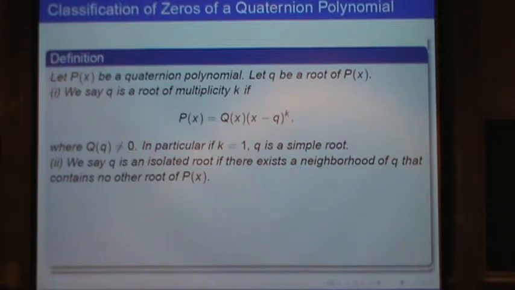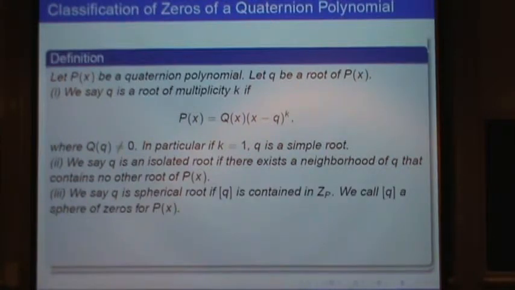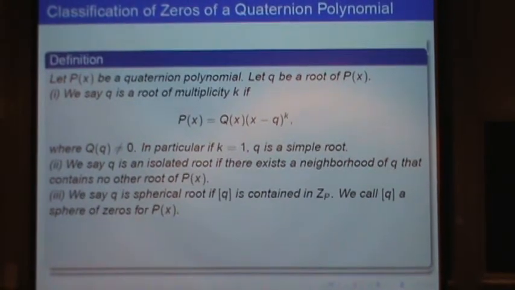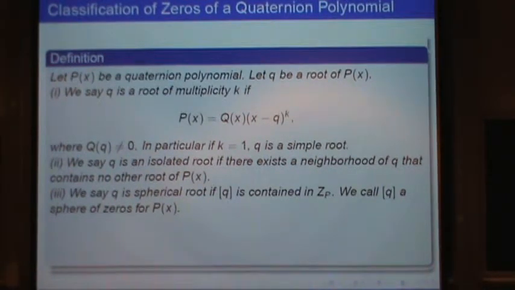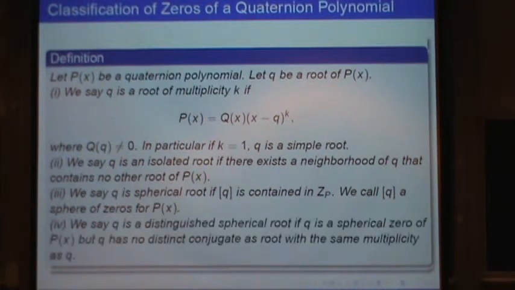We say it's an isolated root if there are no other roots in a neighborhood of the root. We say it's a spherical root if the conjugacy class is contained in the zeros of the polynomial. And we call it a sphere of zeros of p of x.